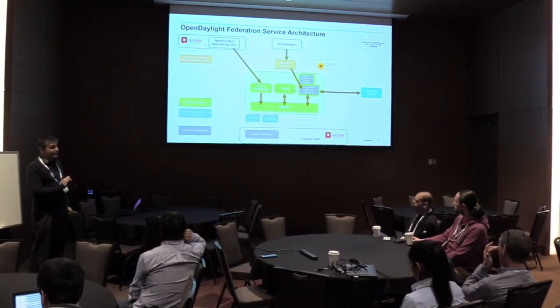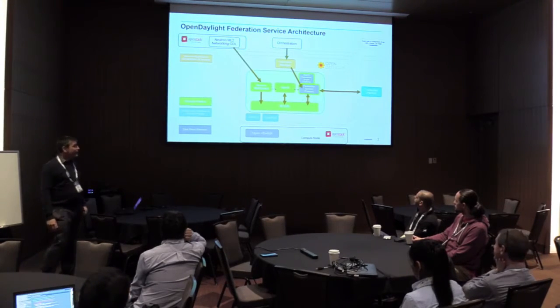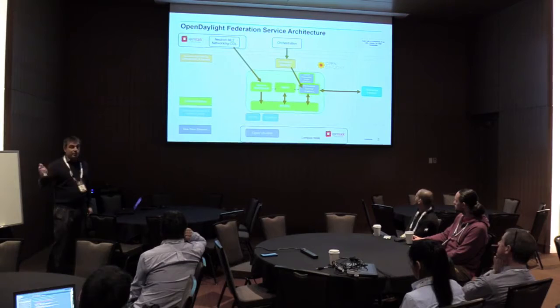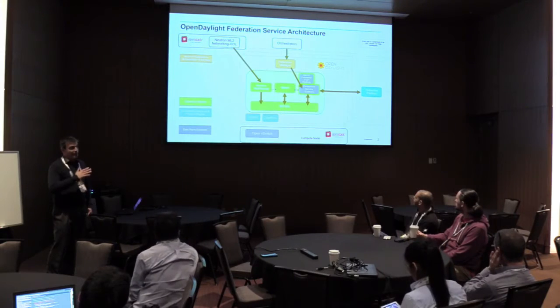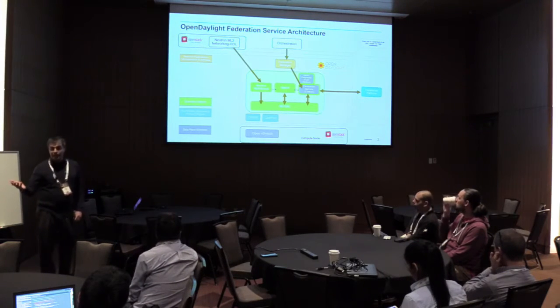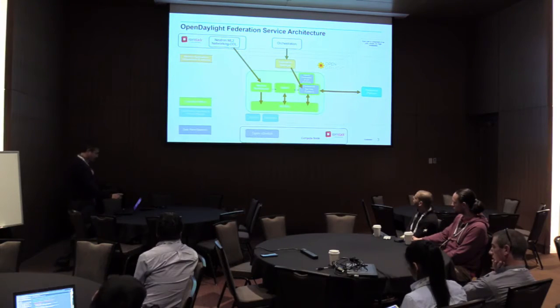The federation manager talks to the federation plugin and says which network needs to be federated. That's how the federation plugin knows which events it needs to send to the other site. If you have any questions, if anything is unclear, I can answer.